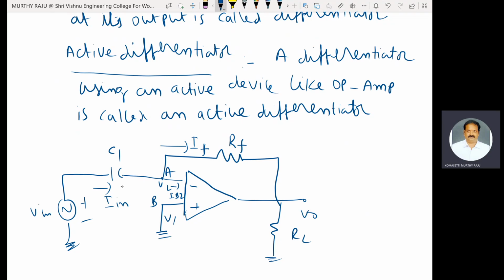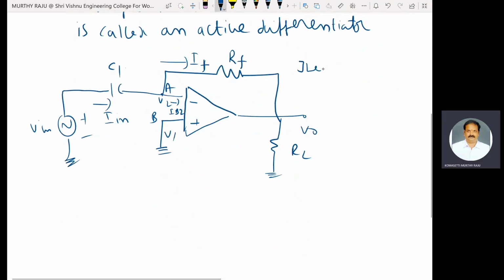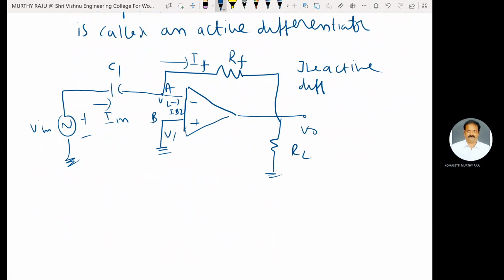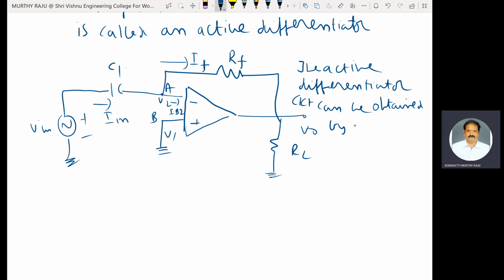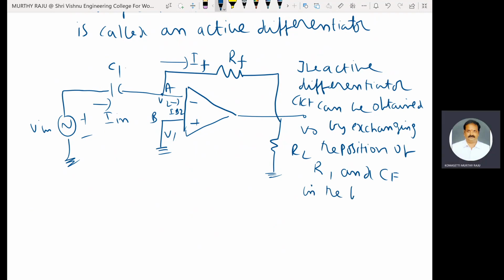In the active differentiator circuit, the resistance R1 is replaced by C1, and the feedback capacitor of the active integrator circuit is replaced by RF.